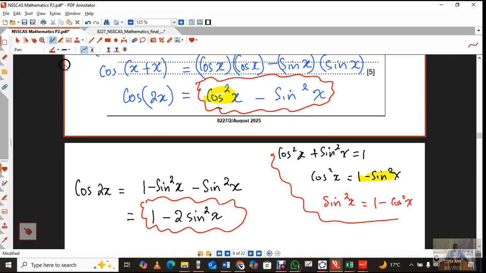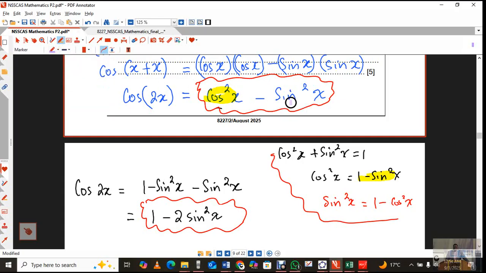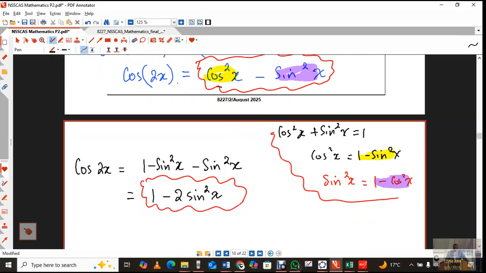So if I was now to make this the subject of the formula, then I'm going to replace that part. I'm going to have cos 2x is the same as, now remember, we have sine x squared, so I'm going to say cos square x.